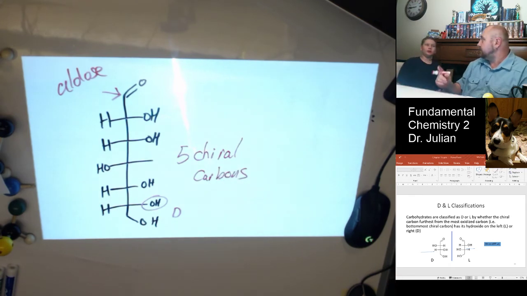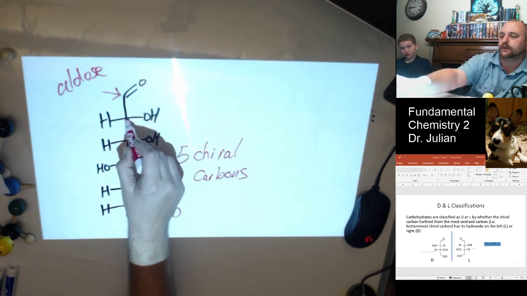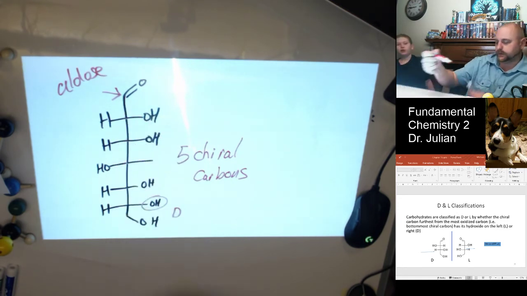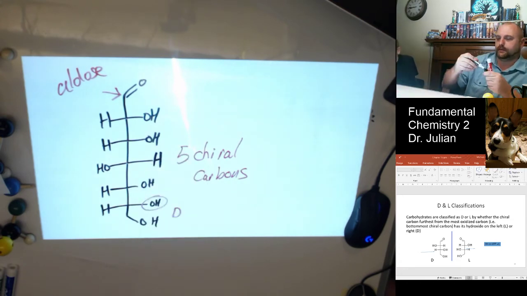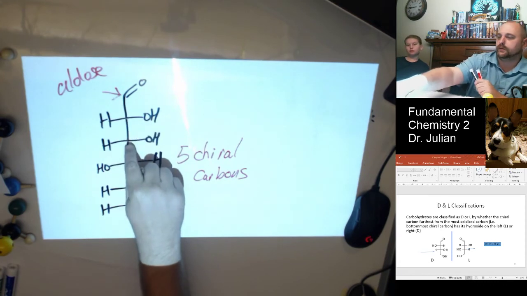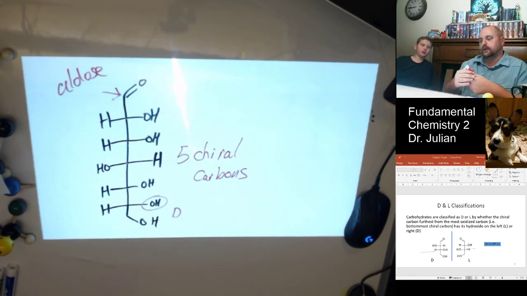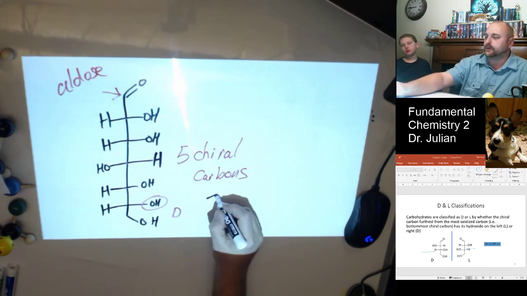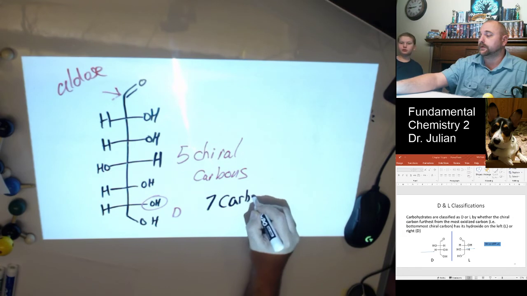And the first thing we started with, how many carbons are there total? Well, there's 1, 2, 3, 4. We're missing an H. Should be an H there. There we go. 1, 2, 3, 4, 5, 6, and there's one there, 7. All right, so we had 7 carbons. 5 of them were chiral, but there's 7 total carbons.